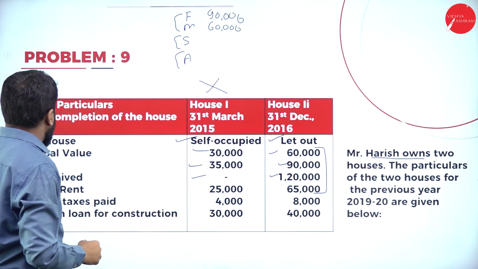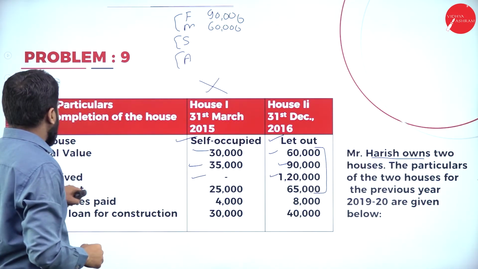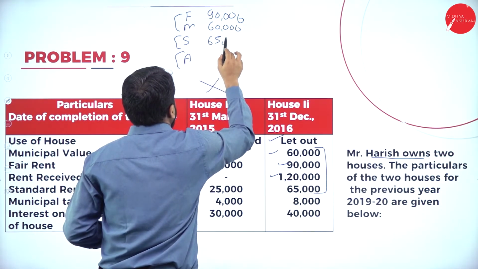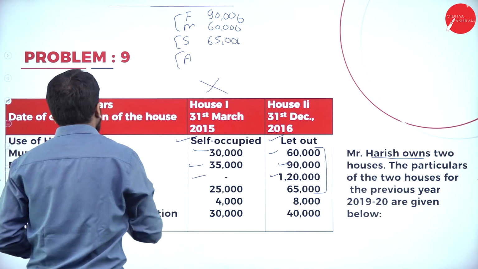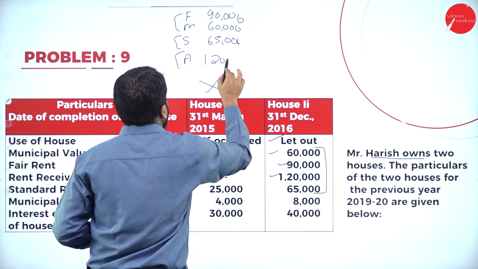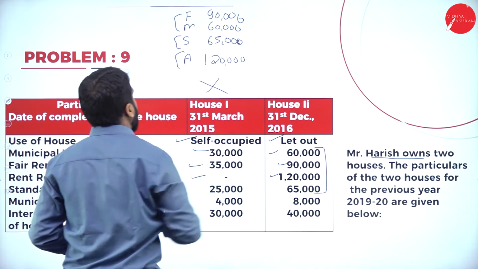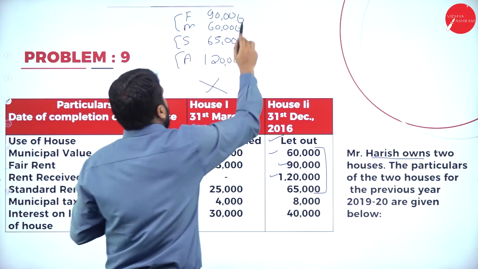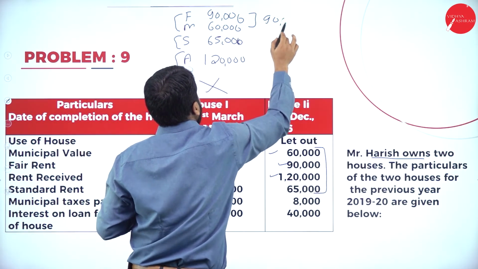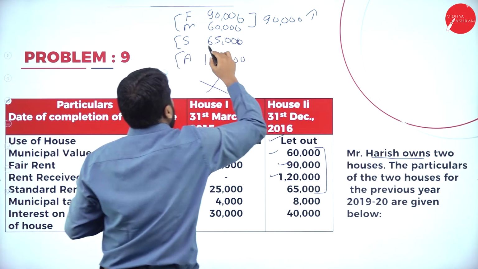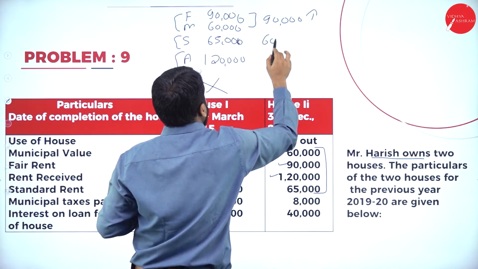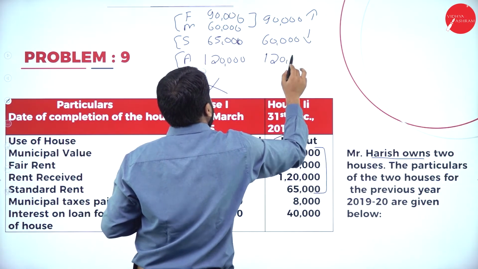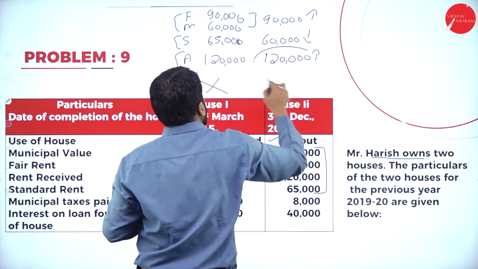Standard rent, it is around 65,000. And actual rent received is more, 1,20,000. So very simple, whichever is higher. Out of this, 90,000 is high. Whichever is less, 60,000 is less. Of 60 and 1,20,000, whichever is higher, 1,20,000 is higher.